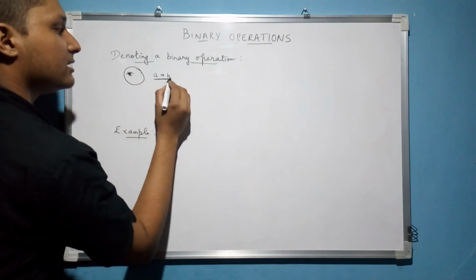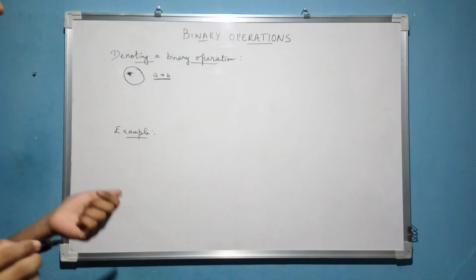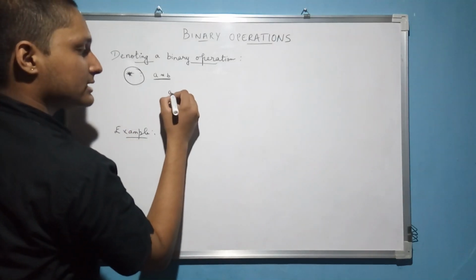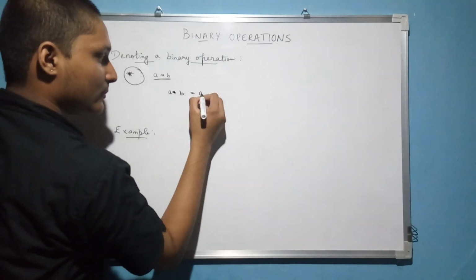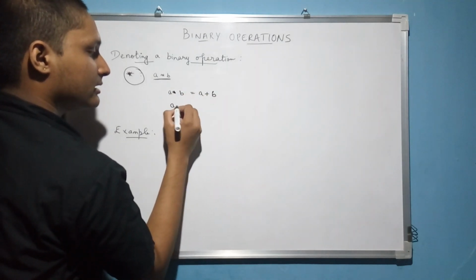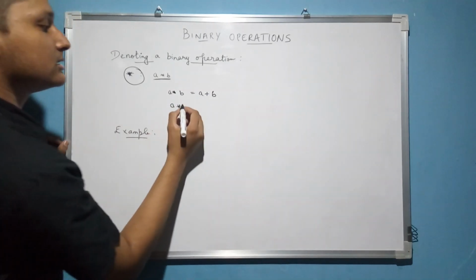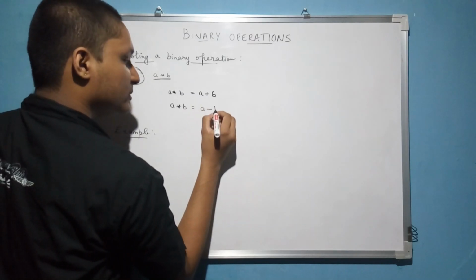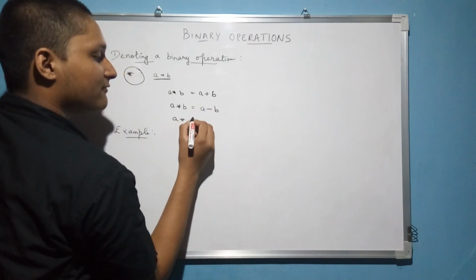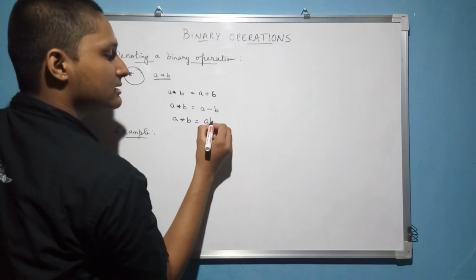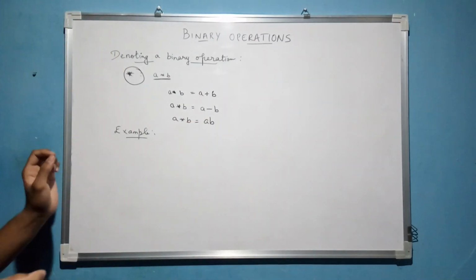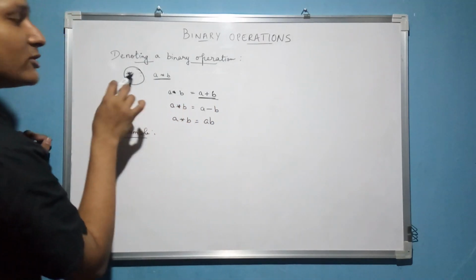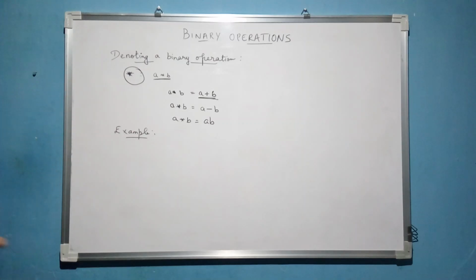So if I write A star B, this is the function that is going to be taking place. If it is addition, A star B is the same as A plus B. If I consider the star function to be subtraction, that becomes A minus B. If I consider the star function to be multiplication, this becomes AB. That's the meaning, how to denote this. This is the way of denoting based on the given binary operation.